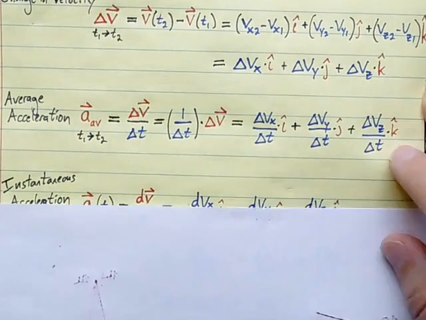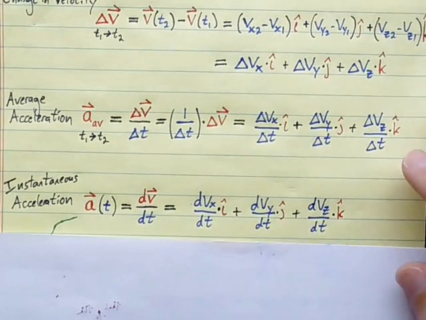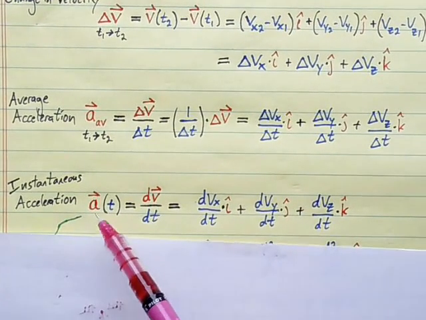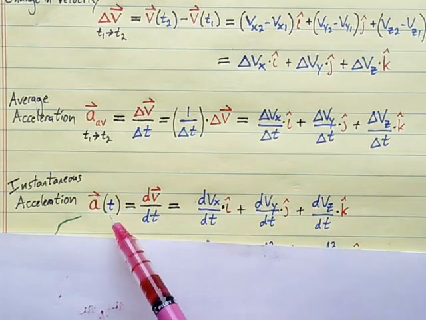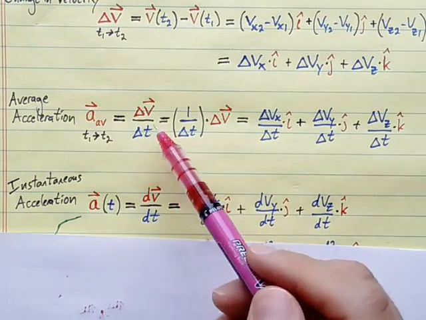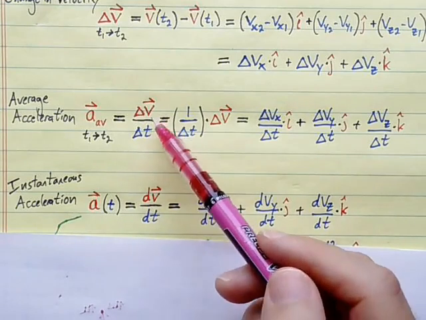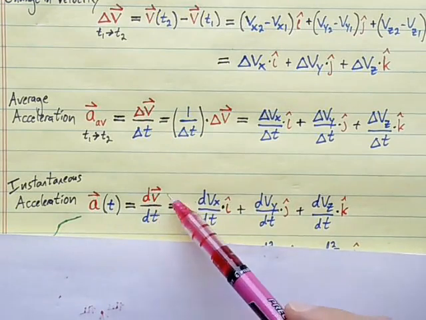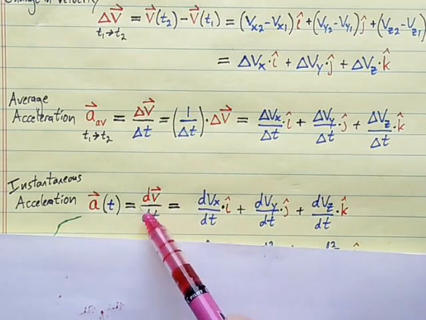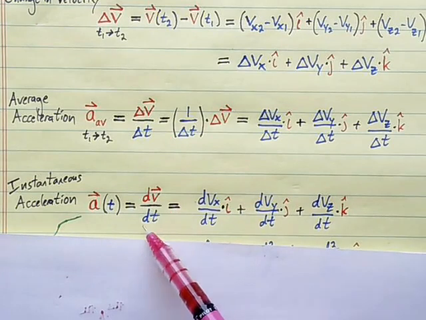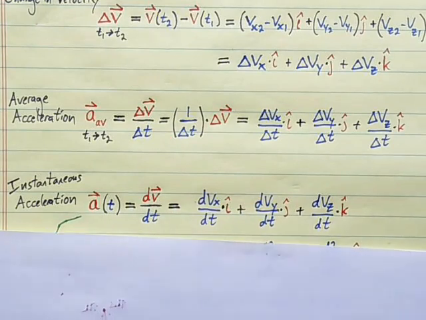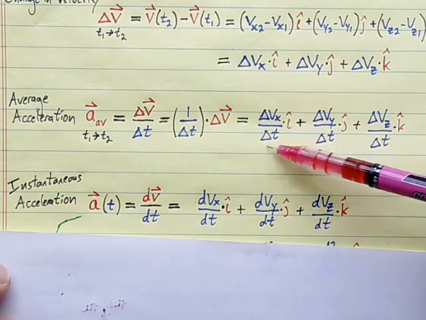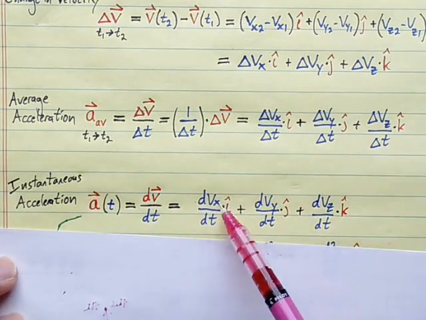And from that, I think it's a short logical jump to instantaneous acceleration, the acceleration vector at some particular instant in time t. If your average acceleration is delta v over delta t, then we get instantaneous values by replacing those deltas with the derivative, dv over dt, the infinitesimal change in velocity vector over some infinitesimal time interval. And likewise, these delta vx's over delta t's get replaced with dvx's over dt's.